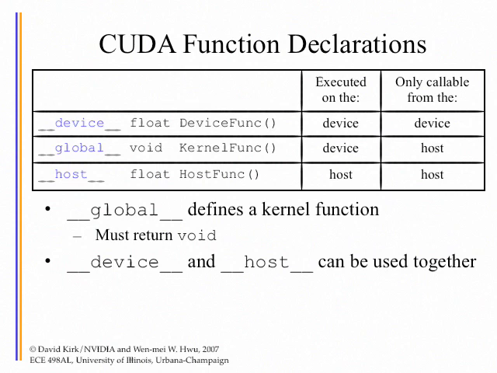Just use both keywords in front of it, then the compiler will actually, remember that split? The compiler will send the function down both paths, so that it will generate the proper versions for each path. And the global function can only return void. It cannot return a value to the caller.